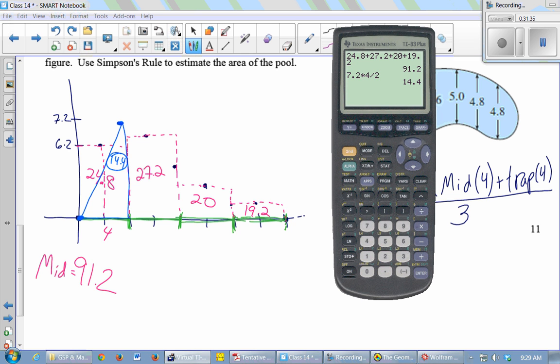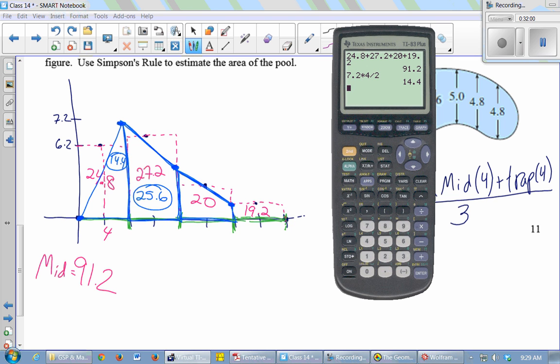Okay, so then my next interval, take this point and this point, connect them with a straight line. And I've got this trapezoid. Anybody already have its area? Thank you, 25.6. And then my next interval, this point and this point, connect them with a straight line. And I have this trapezoid. What's its area?